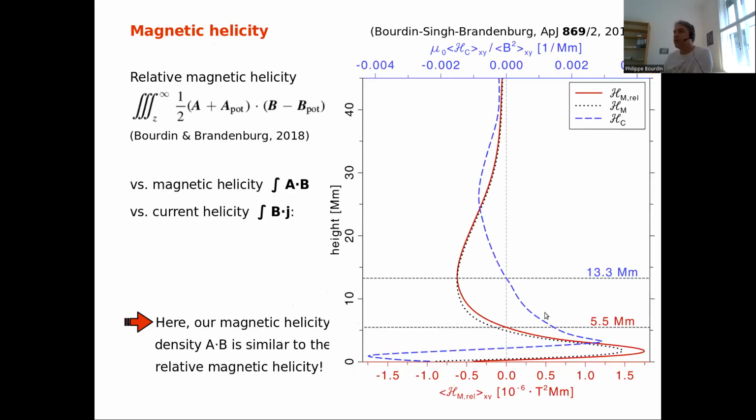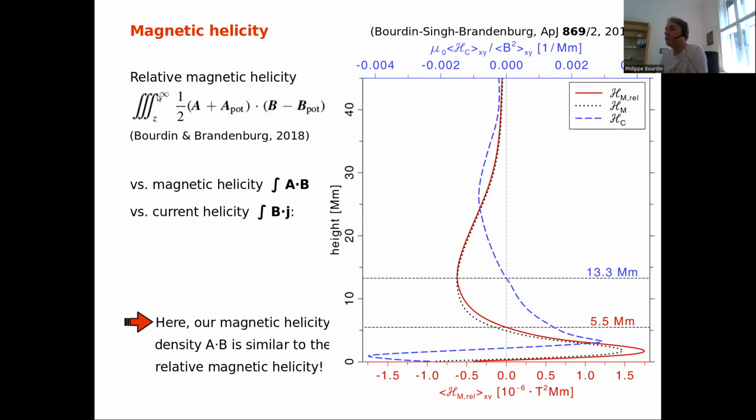So now let's have a look at the relative magnetic helicity. Unfortunately, this is only defined on the volume. So we cannot check each pixel in the simulation, but we can check different volumes. What you can do is take the surface layer Z equals 0, which is the photosphere, and do the same computation with another potential field extrapolation from a different layer, which is a little bit higher up, for example.